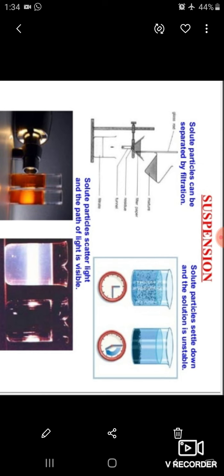The solute particles settle down when a suspension is left undisturbed, that is, a suspension is unstable. They can be separated from the mixture by filtration. When the particles settle down, the suspension breaks and it does not scatter light anymore. So that is the importance of the suspension.